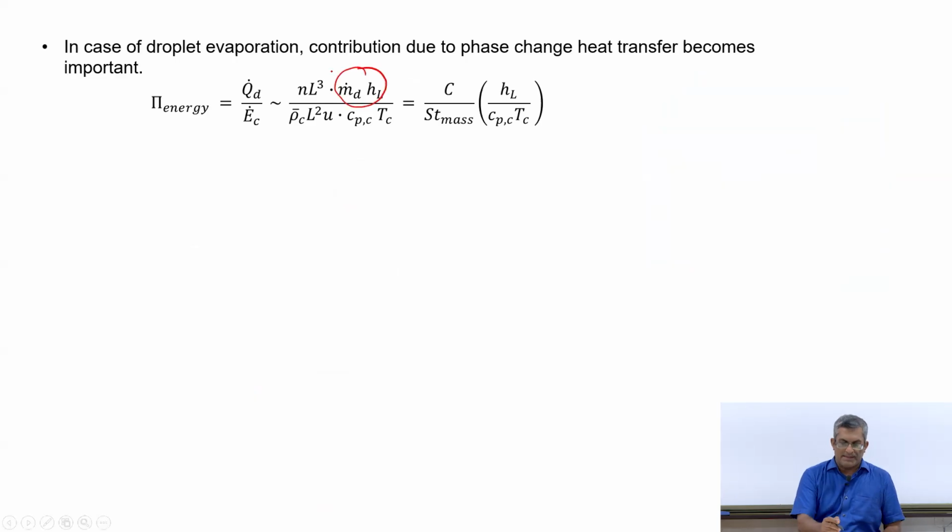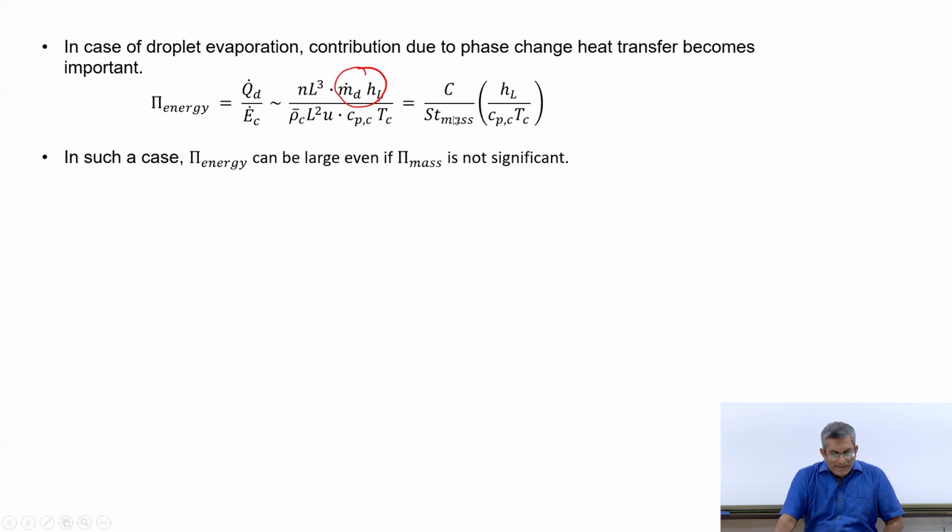So what is m_d dot? That is the evaporation rate, the rate at which water evaporates. But this itself needs the latent heat, so you just multiply that. Okay, and you can express it like this. So what it tells us is that the latent heat now governs this energy coupling parameter.